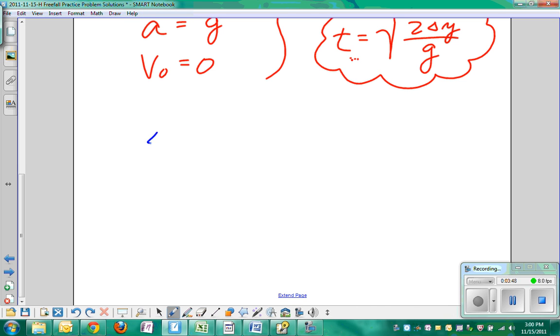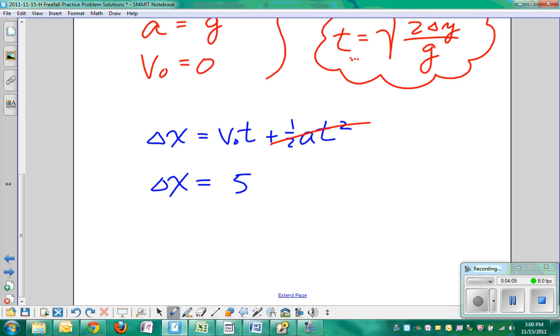The distance that the log moves, delta x in the horizontal, is equal to v naught t plus 1/2 a t squared. But the acceleration of the log is 0, since it's moving at a constant velocity of 5 meters per second. So delta x is equal to v naught, our constant 5 meters per second, times the square root of 2 delta y over g.